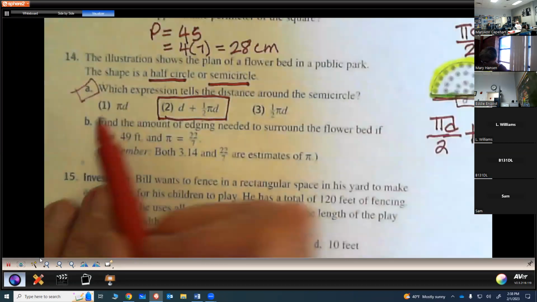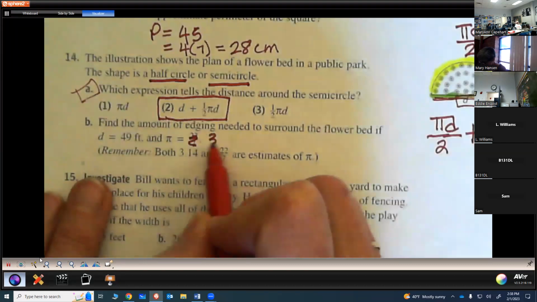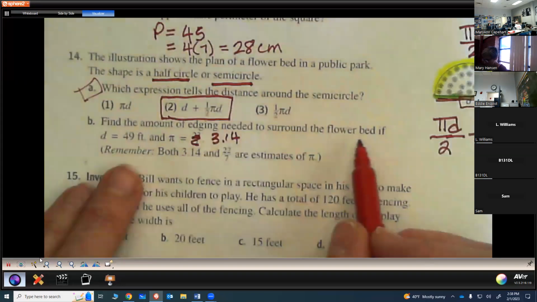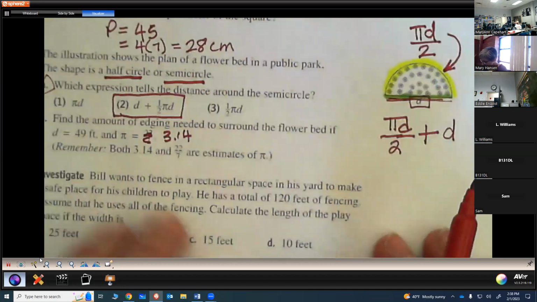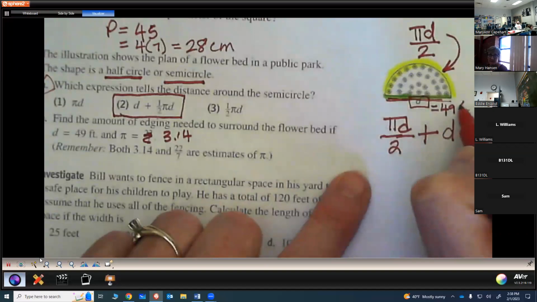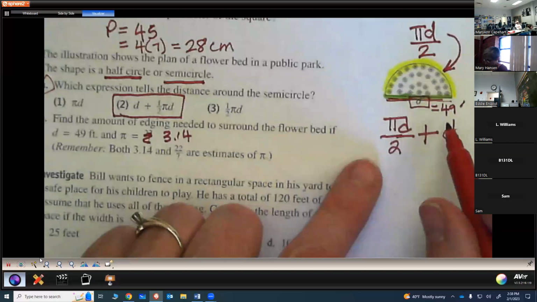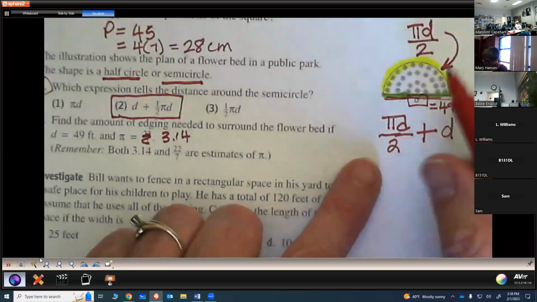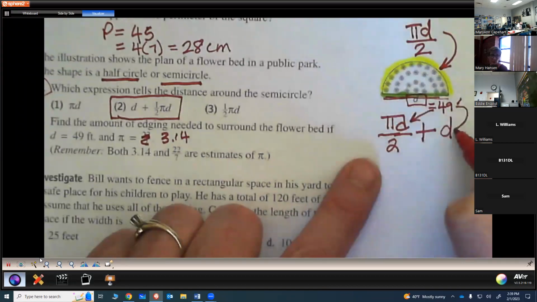Okay, so it says, well, we're not going to do this. We're going to do 3.14. So it says find the amount of edging needed to surround the flower bed if D is 49 feet. So now they're going to tell us this is 49 feet. And so if that's 49 feet and that's D, everywhere I see a D, I can plug in 49 feet.